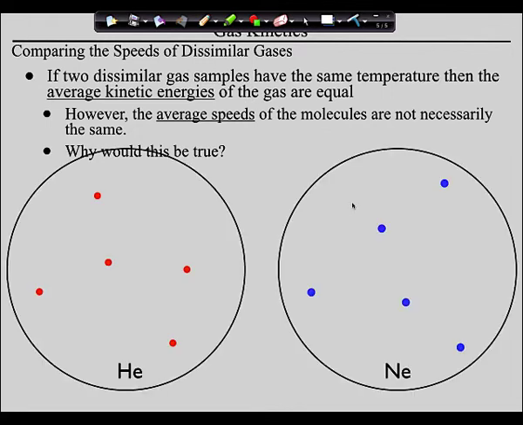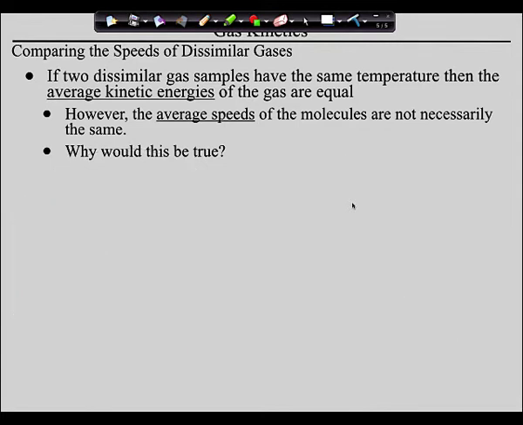So imagine that we had a sample of helium and we had a sample of neon. Helium is lighter than neon, so helium will be moving on average faster than the neon. And it's all because of the kinetic energy equation, right? Okay, so the question then becomes, so what? And guys, this all comes down to the application that you need to understand.